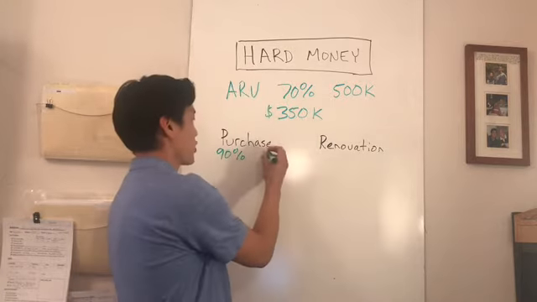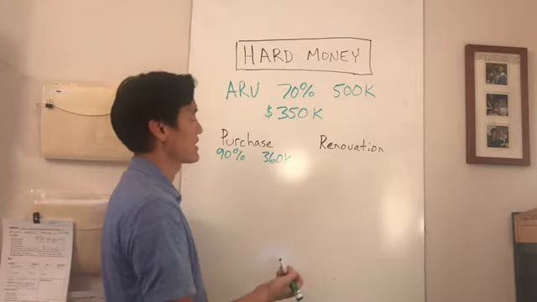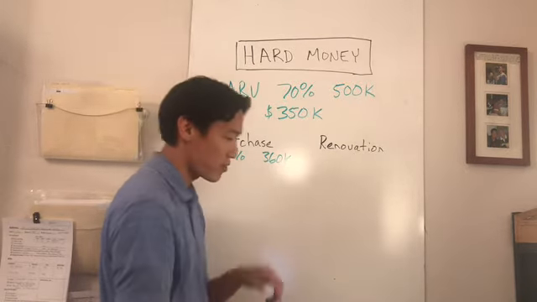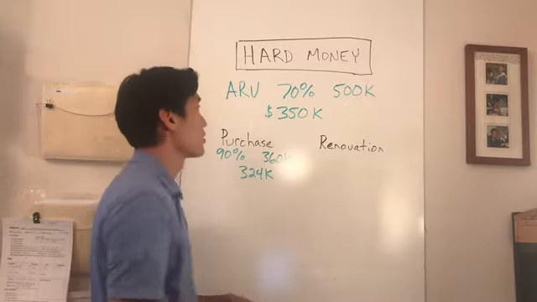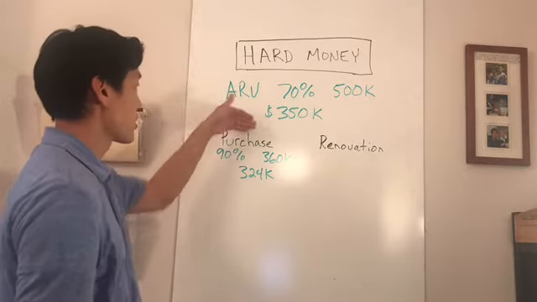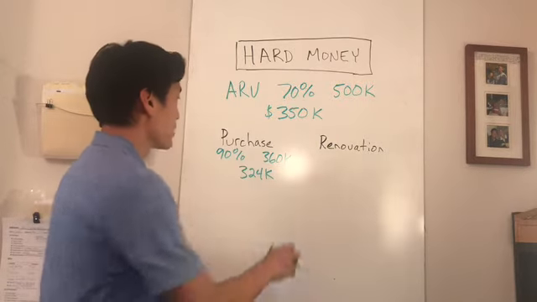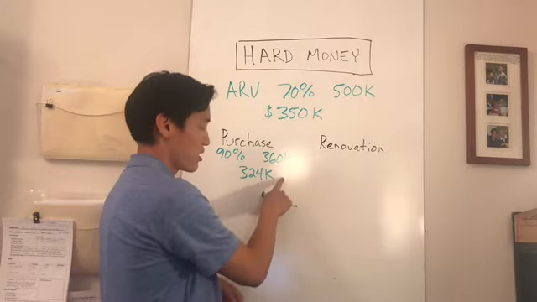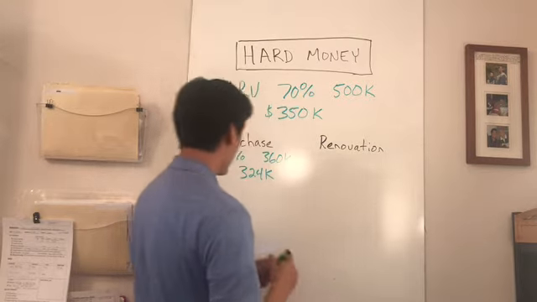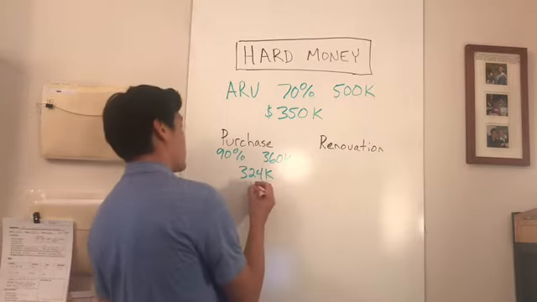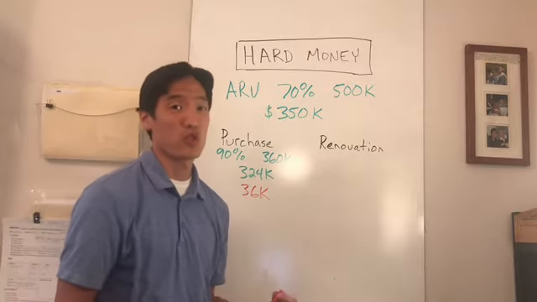Let's say for this example, the purchase price that we're going to try to buy it at is $360,000. 90% of $360,000 is $324,000. Notice that is short of the $350,000 that they could lend me, and it's short 10% of the 360. 360 minus 324 is $36,000 that I'm going to be short on the purchase.